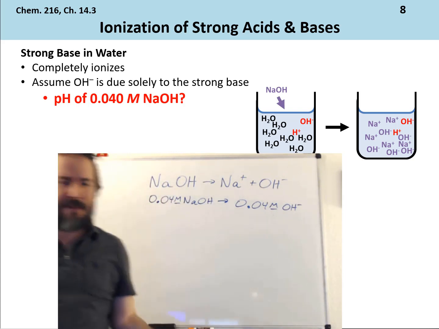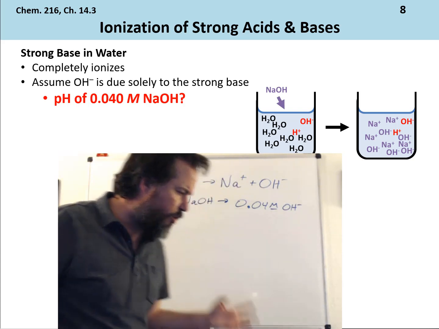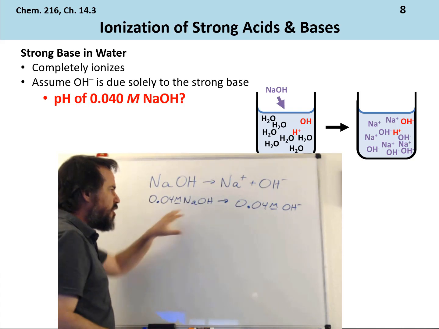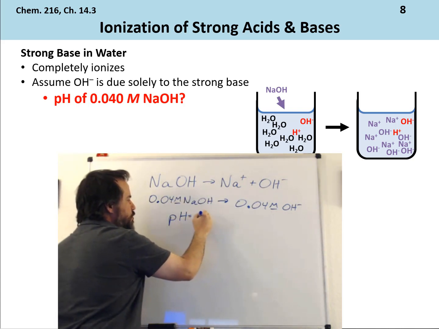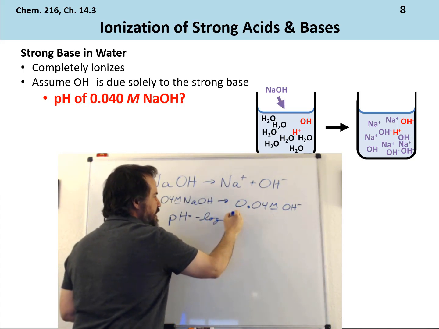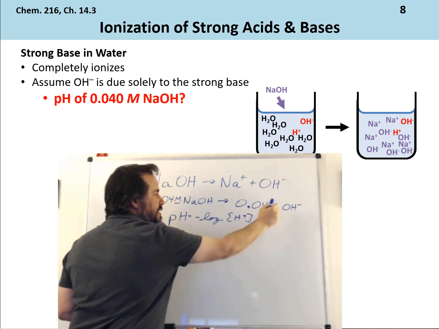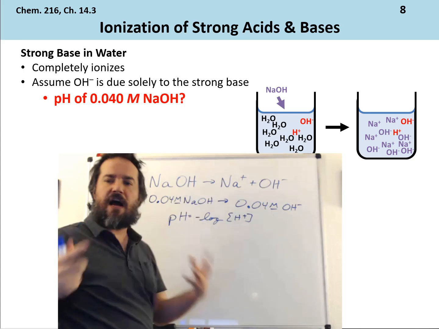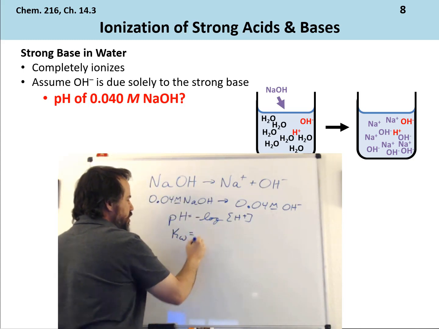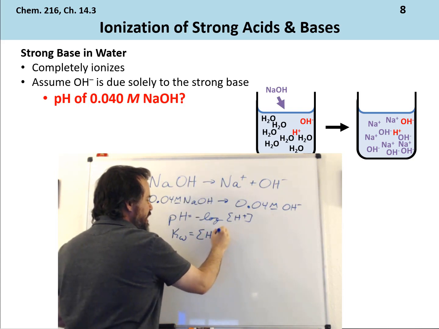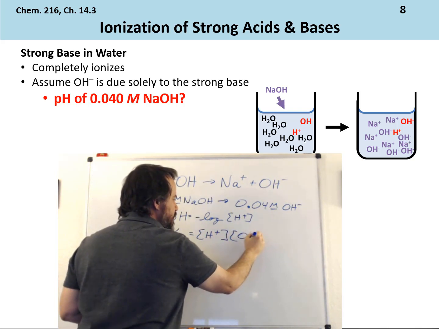And now, I have this 0.04 molar OH minus, so I might think, oh, let's plug that into pH. Well, remember, pH equals negative log of H plus. This is an OH minus. I need to find H plus. And this is where we have to remember what we did 2 times ago, which is Kw equals H plus times OH minus.